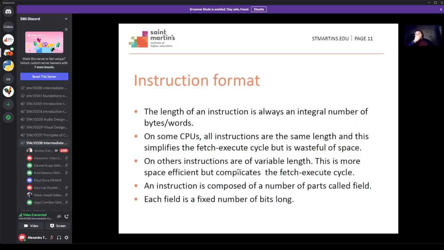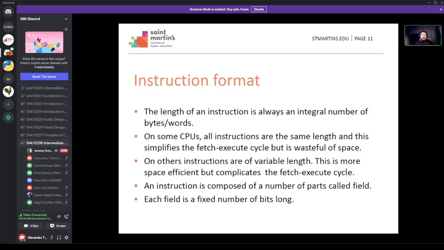So, usually when we talk about an instruction, it has a predefined length, or has a variable length, but its size is always an integral number of bytes or words. What do we mean by this? The shortest instruction that you can have is going to be 1 byte, or 1 word.